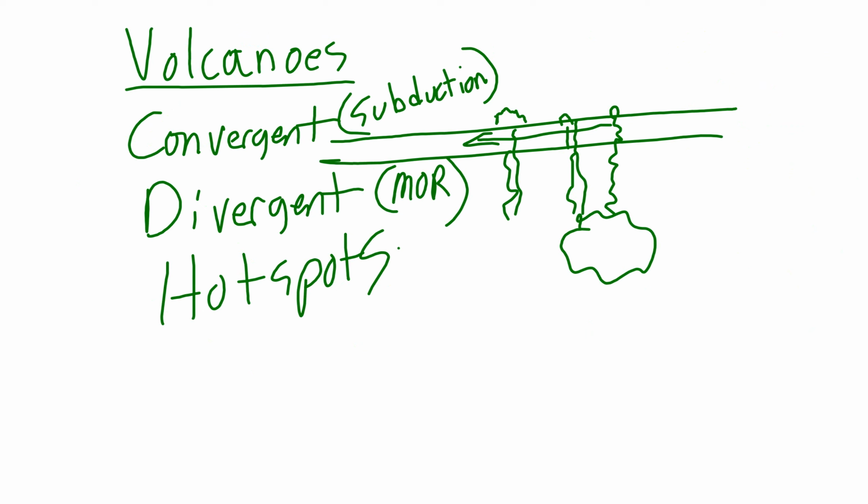Volcanoes can be found at convergent boundaries because of subduction. They can be found at divergent boundaries such as the mid-ocean ridge, and they can be found at hotspots.